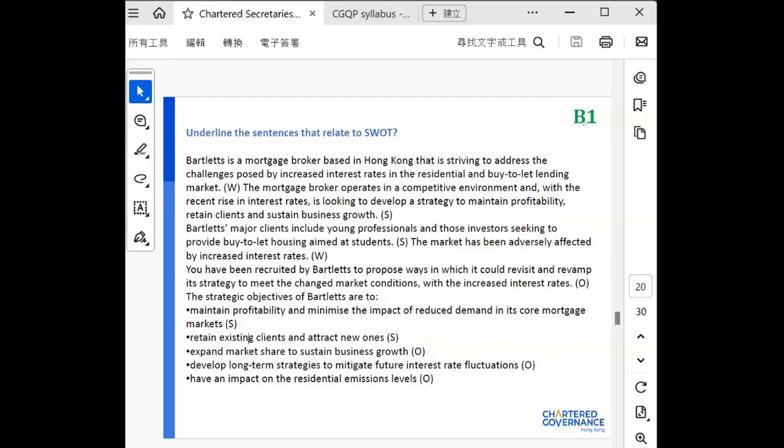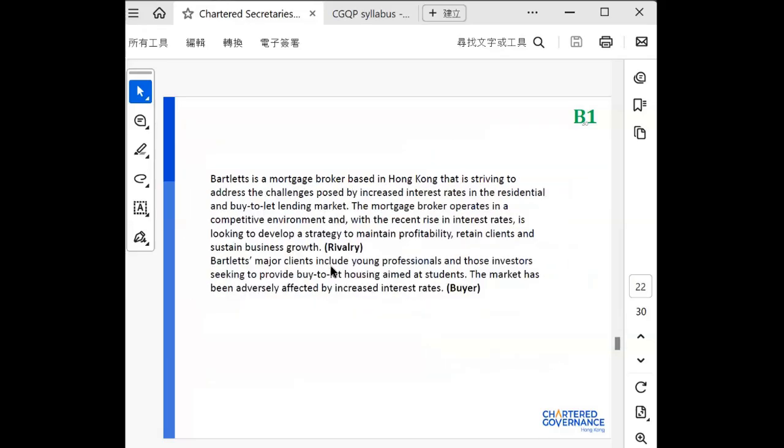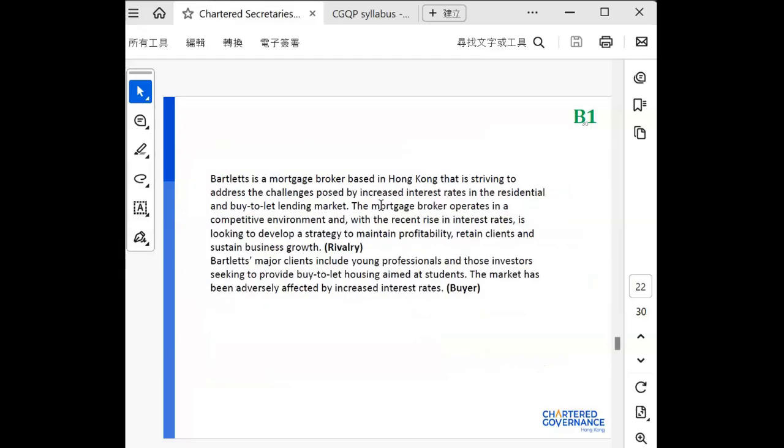So you can have a quick discussion of these factors. And then finally we can discuss the competitive factors. It's mentioned somewhere that the rivalry, and this is the buyer, right?